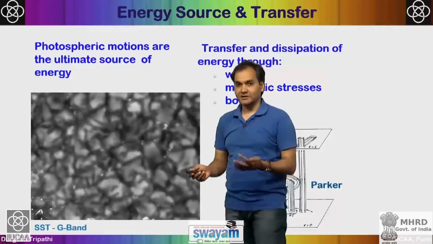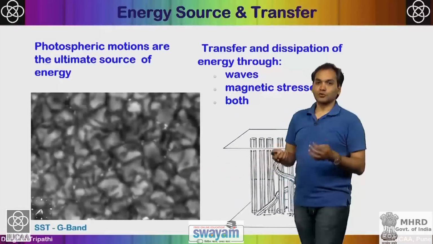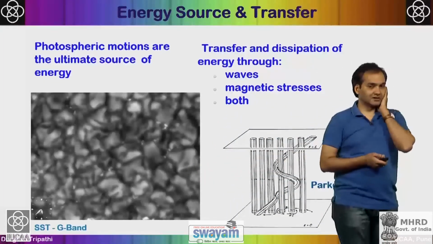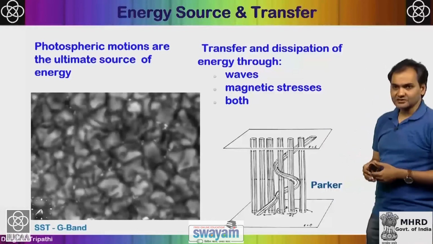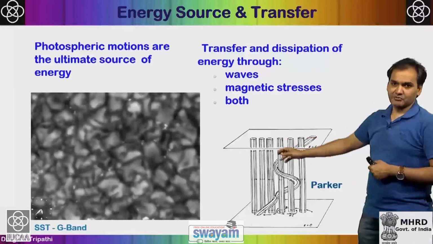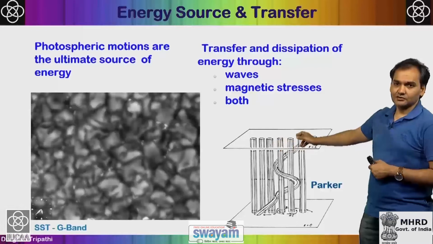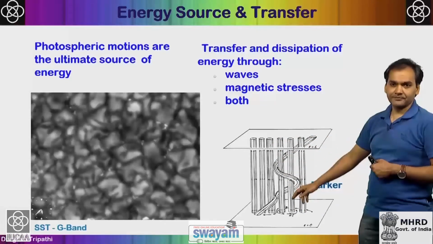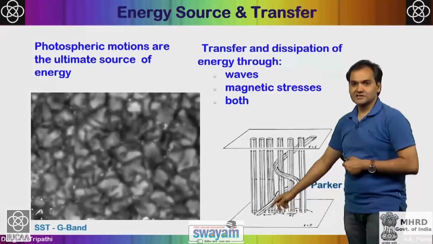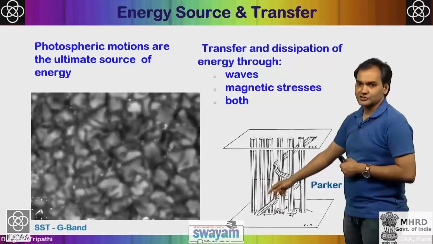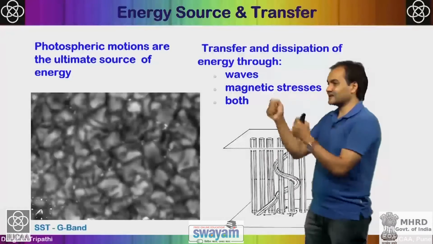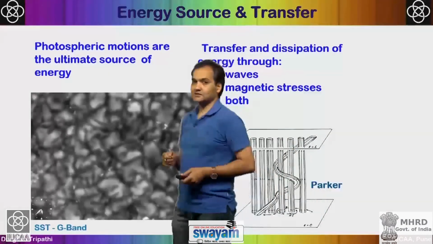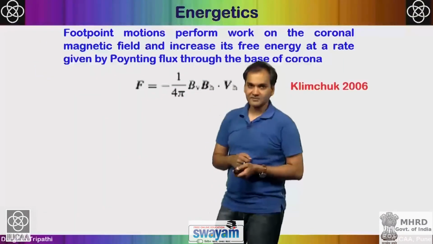Both things are happening; which one is more dominant is the question. Here is an idea proposed by Parker: you have magnetic loops going into the corona, tied at the two foot points in the photosphere, and if you keep shuffling, you are moving one flux tube around another and winding it, which essentially creates magnetic stresses.